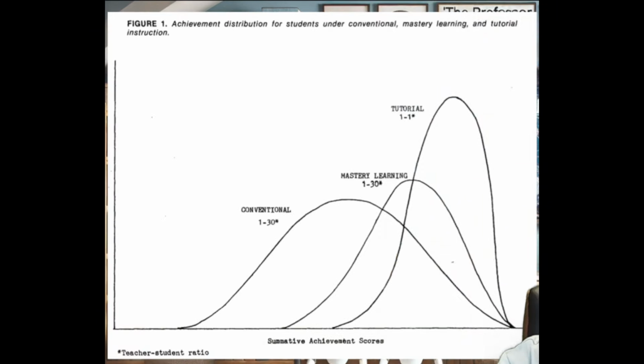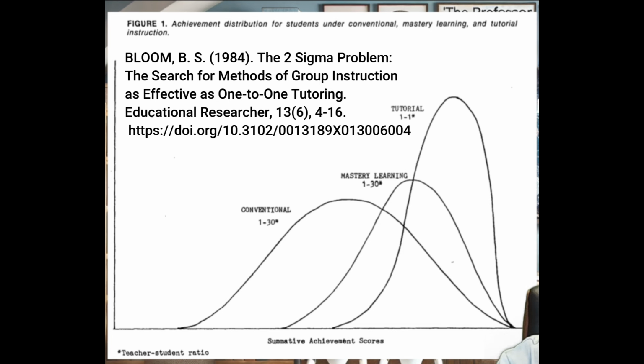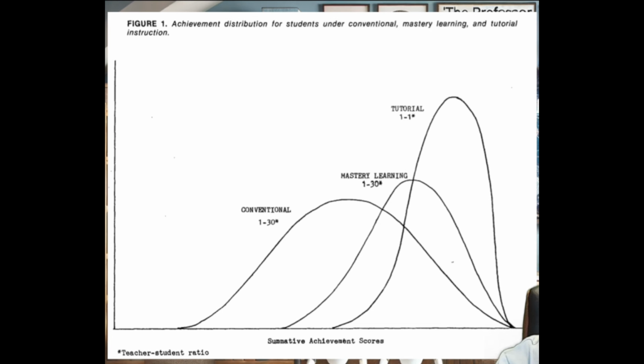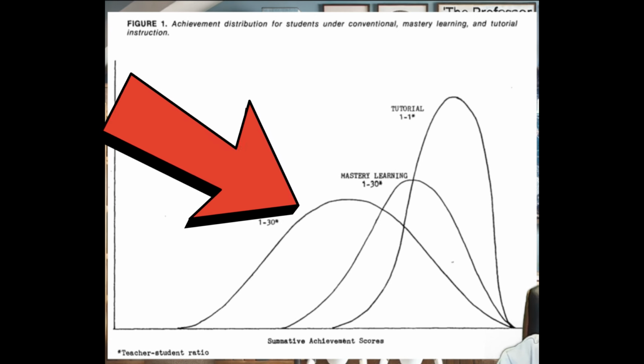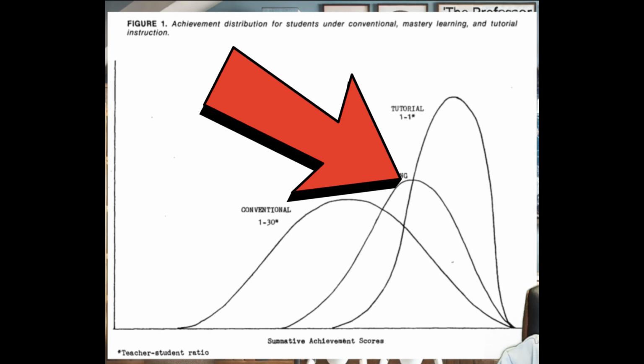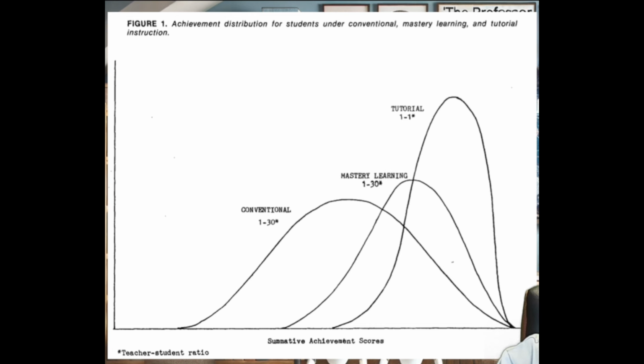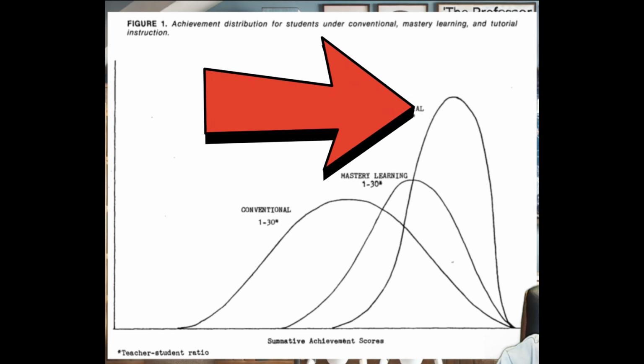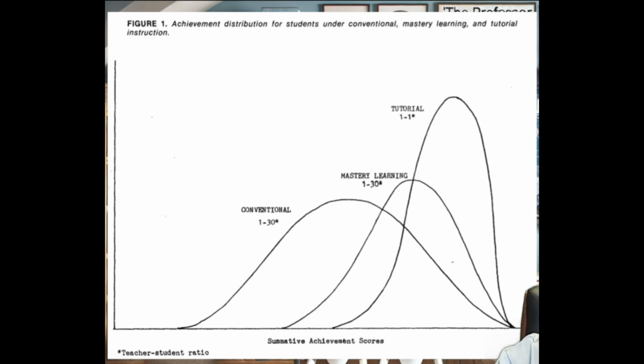So this figure here comes from Benjamin Bloom's work, and I'll reference that below. Describing it, what it shows is the educational outcomes for people with conventional learning, the normal distribution that you see, then a method of learning called mastery learning, which he was talking about, and then the outcomes that you get from one-to-one tuition.